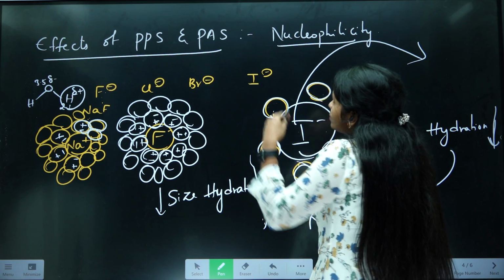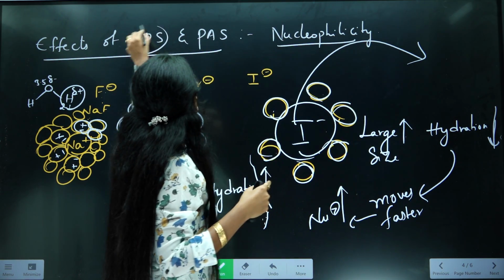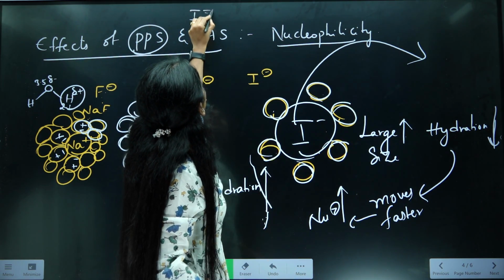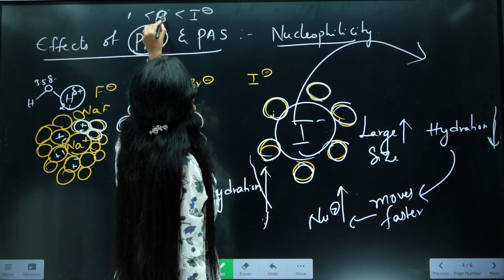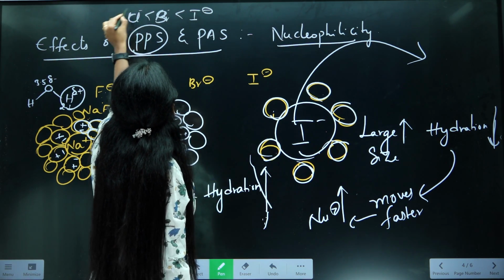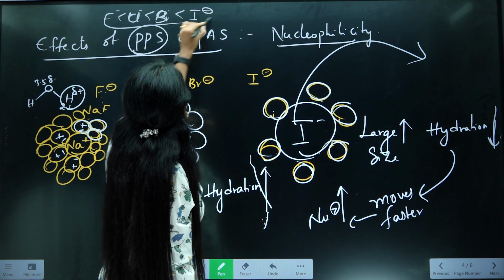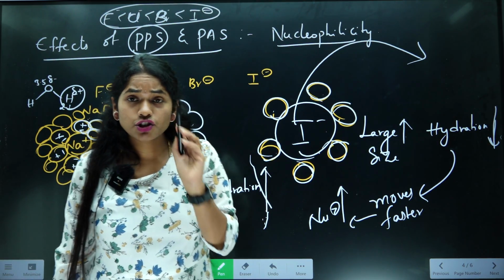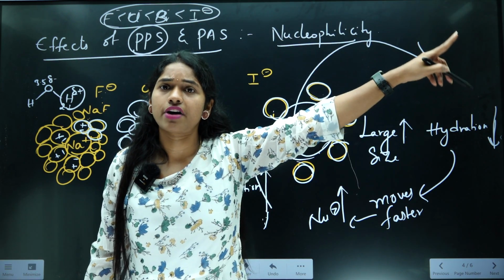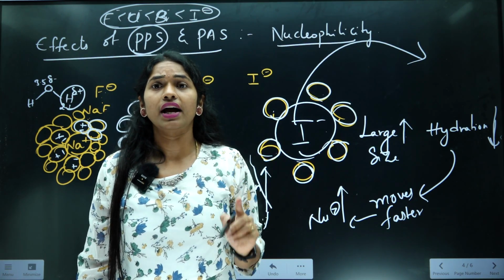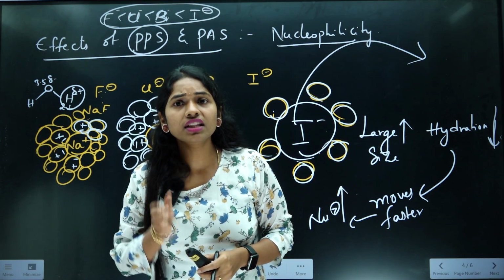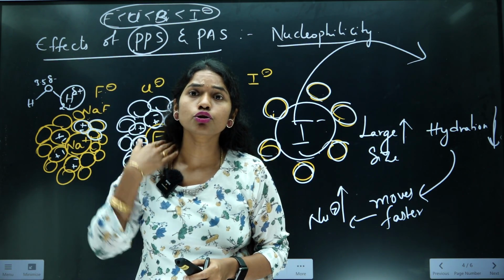So in polar protic solvents the order is I minus, Br minus, Cl minus, F minus. Actually F minus should attack faster, but I minus is the one attacking faster. Why? Hydration is more in the case of F minus due to its small size.